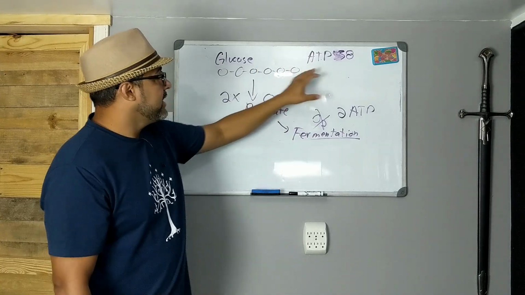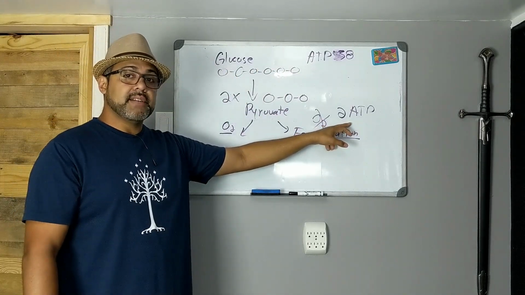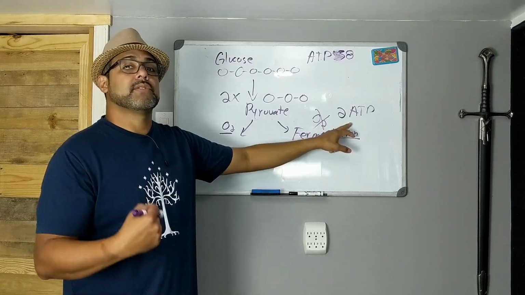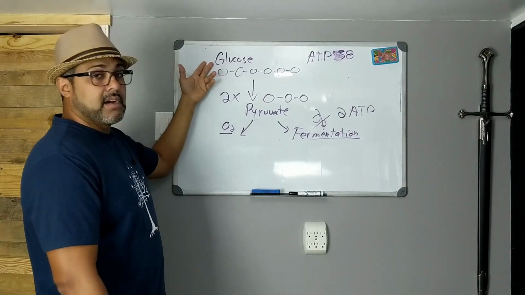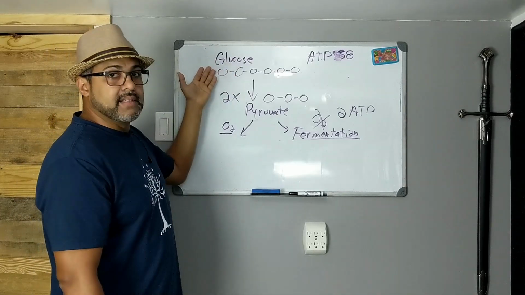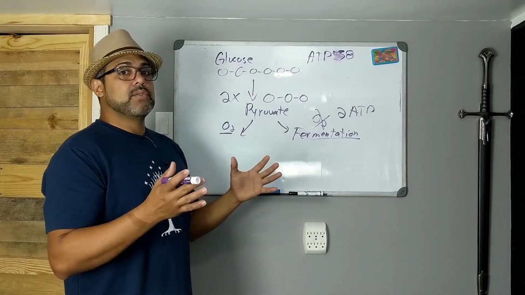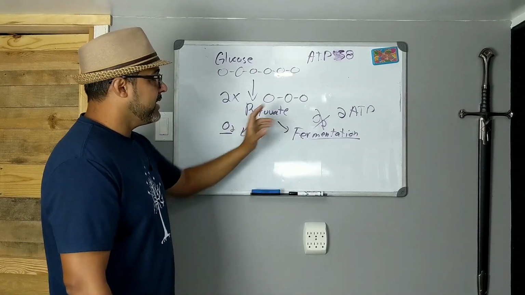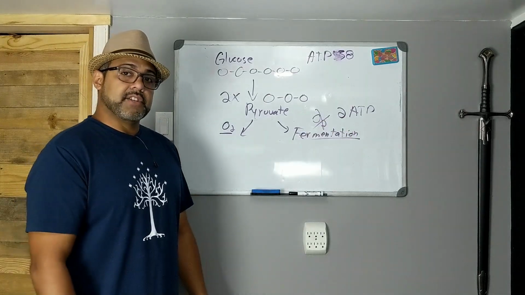I don't care if from each molecule of glucose I get only a little bit of energy, but I'm surviving. So yes, it is a waste of glucose, all right? But survival mode, I need to do whatever it takes in order to survive and produce those 2 molecules of energy.